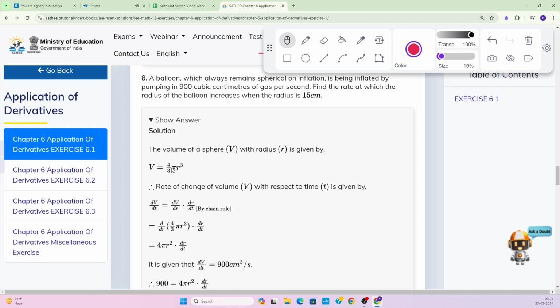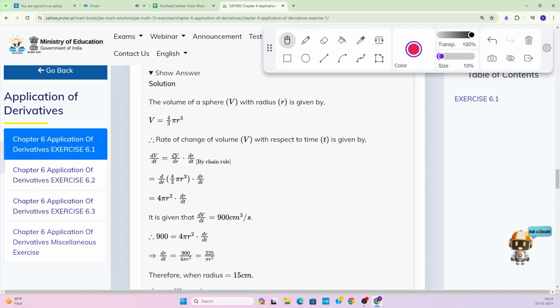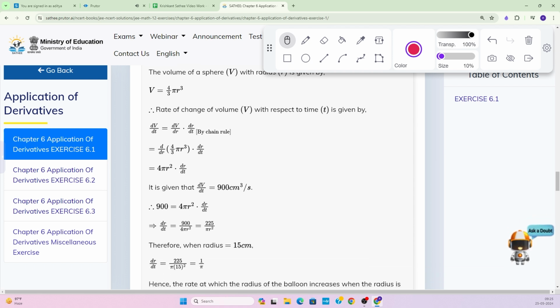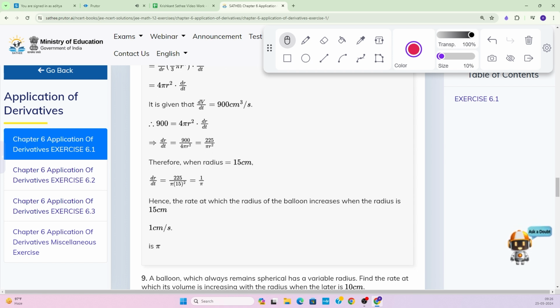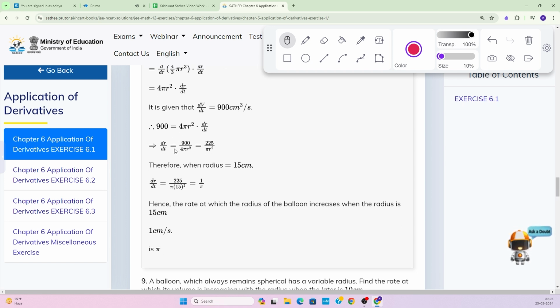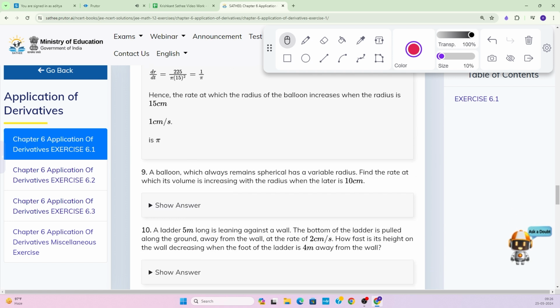The expression for volume you all know, 4 by 3 pi r cube. So dV by dt will be dV by dr multiplied with dr by dt by the chain rule. Just put the specific values. From this relation you will get dr by dt as 225 divided by pi r square. Now put r as 15, and you will get 1 by pi. So the rate will be 1 by pi.